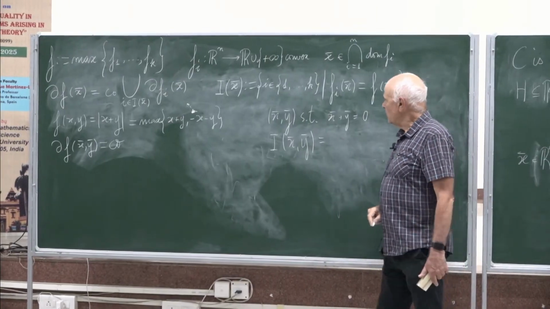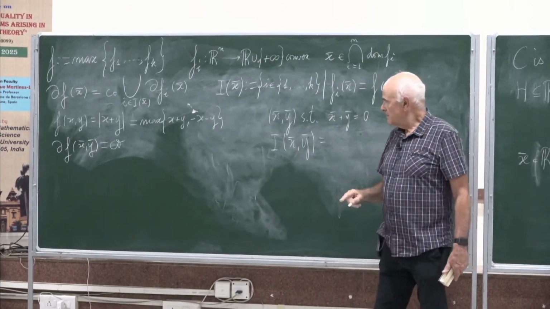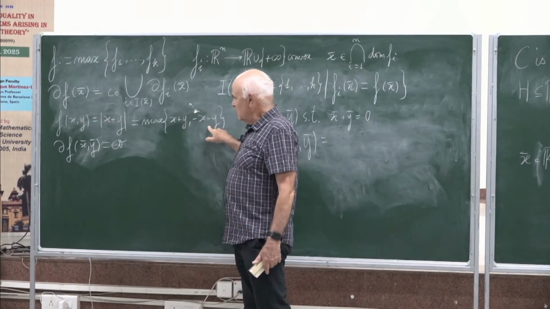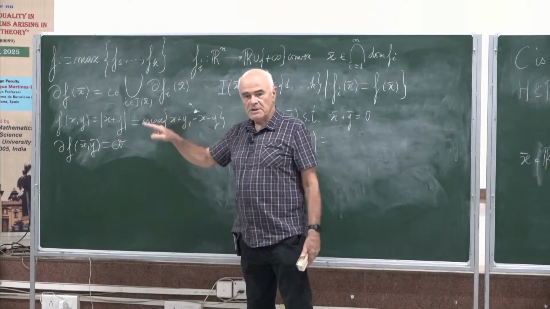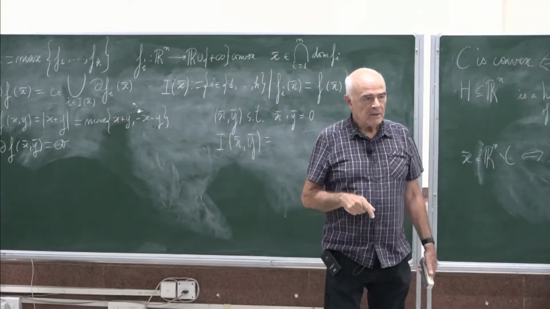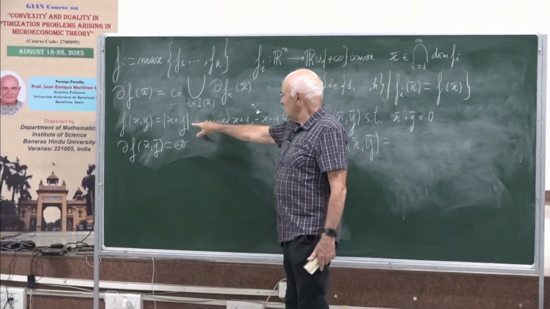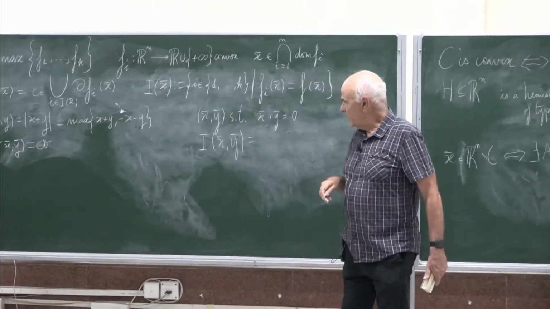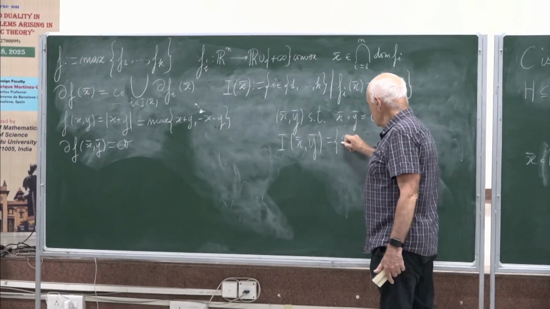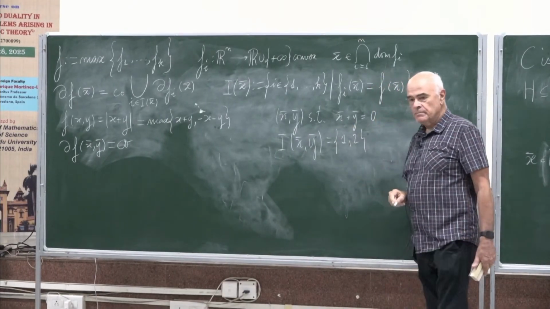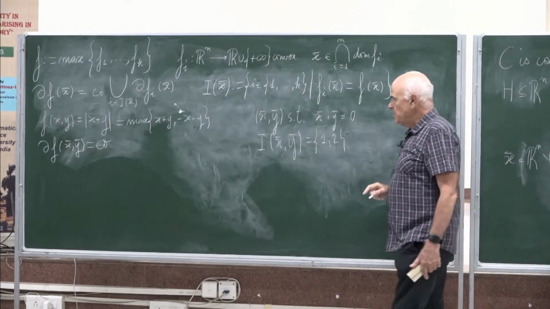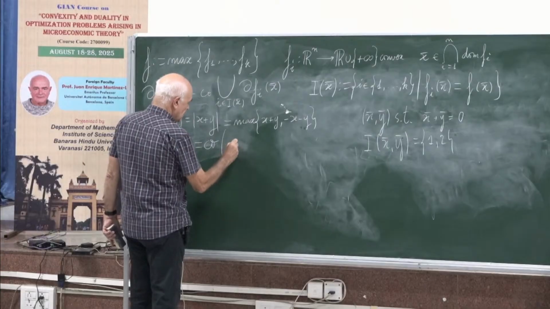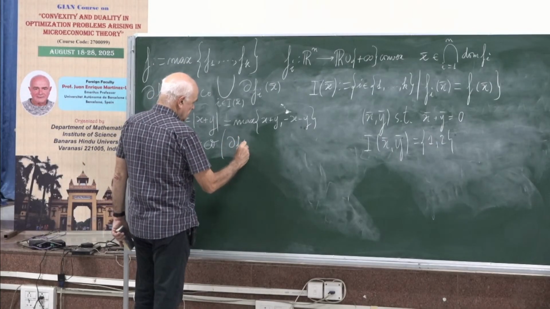It is the set of indices 1, 2, where the function coincides with its maximum. In this case, the maximum is 0, and both of them are 0. So I of (x bar, y bar) is the whole index set, 1, 2. So this means that it would be the convex hull of the subdifferential of f_1.